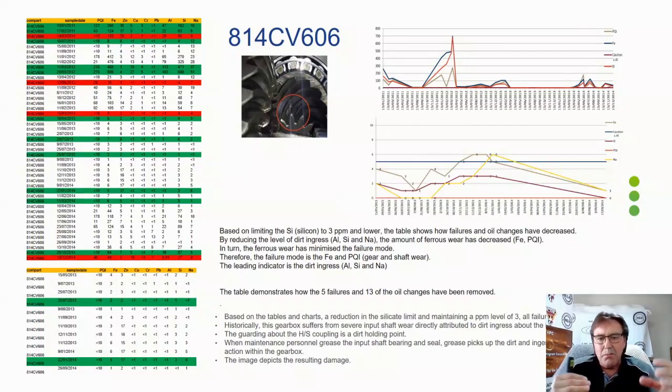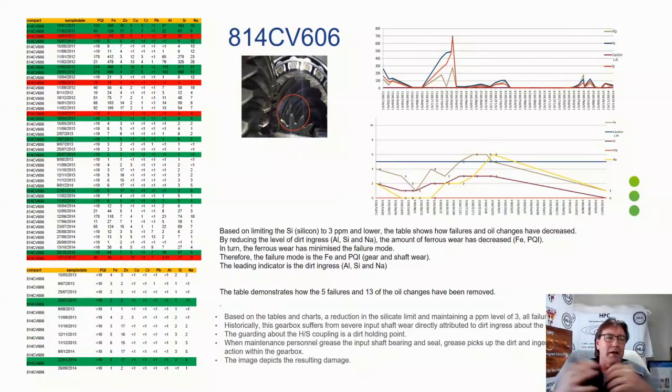And the table at the bottom clearly defines where we are, by eliminating all of the gearbox replacements. And if we eliminated the gearbox replacements, we then started eliminating oil changes. And that was how we got to a stage of setting the alarm limits for dirt signatures.